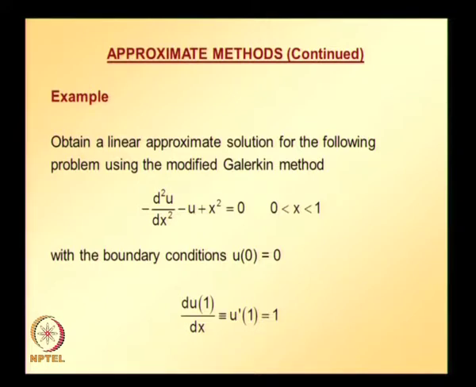As a result of integration by parts, modified Galerkin criteria always involves boundary terms. When we apply integration by parts to this equation, the term having the second order derivative reduces to a first order derivative, and in the natural boundary condition we have a first order derivative there.